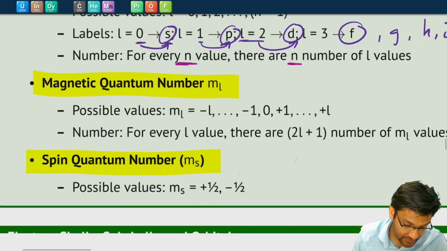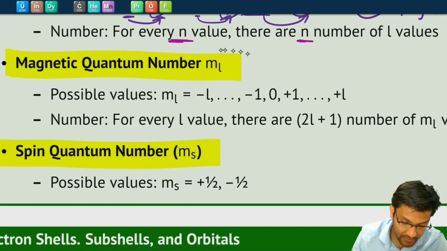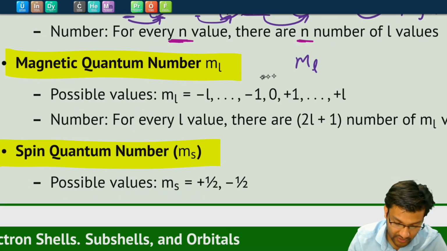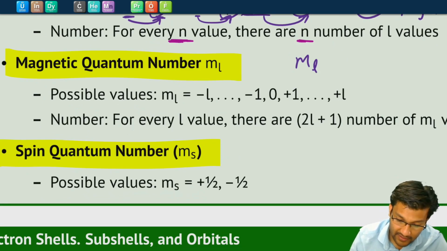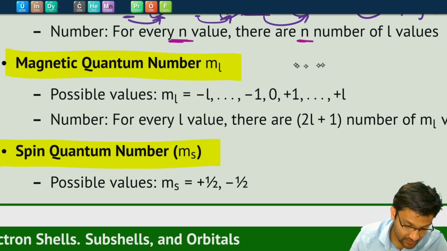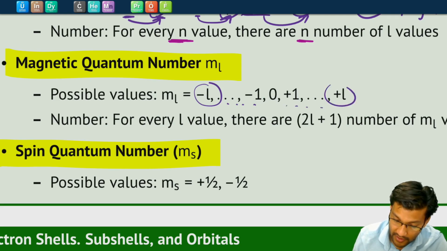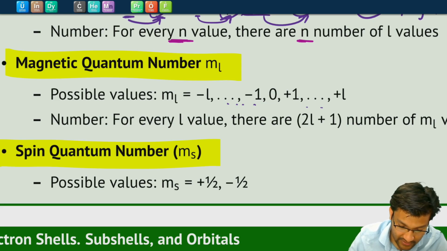The third quantum number is the magnetic quantum number, ML, M subscript L. These values depend on what the L value is, and they range from -L all the way through 0 to positive L. So what does that mean?